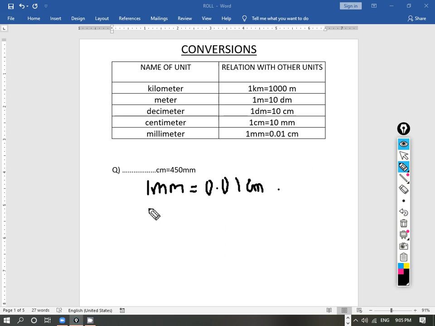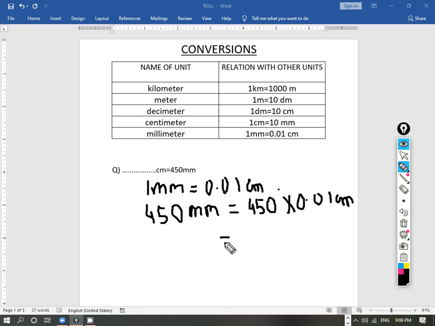So this 450 millimeter, we can straight away multiply 450 into 0.01 centimeter.